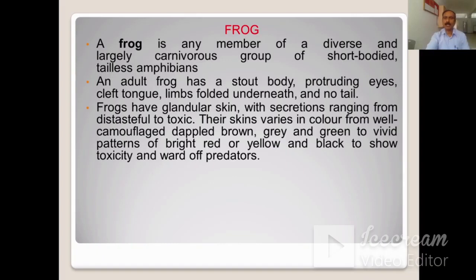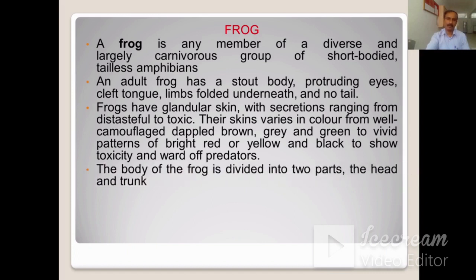They have glandular skin with secretions ranging from distasteful to toxic. Their skin varies in color from well camouflaged dappled brown, gray, and green to vivid patterns of bright red or yellow and black to show toxicity and ward off predators.